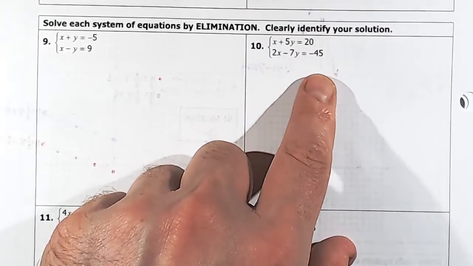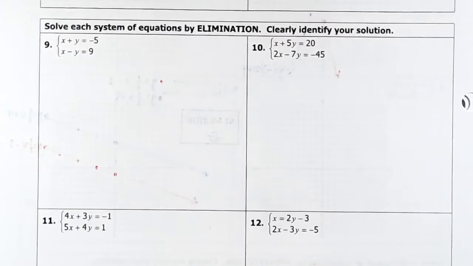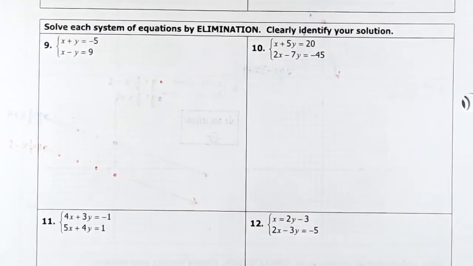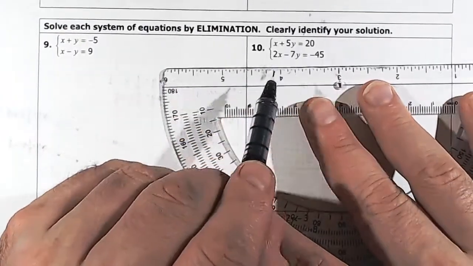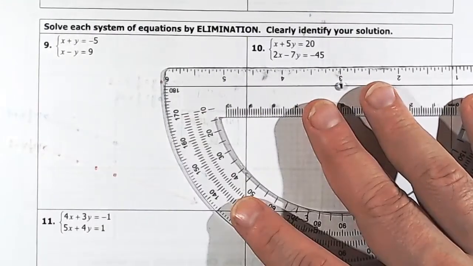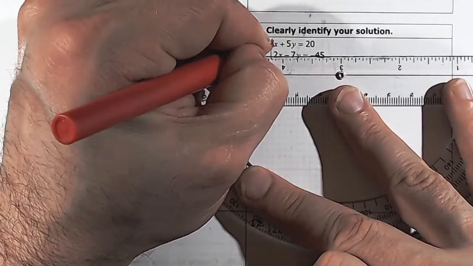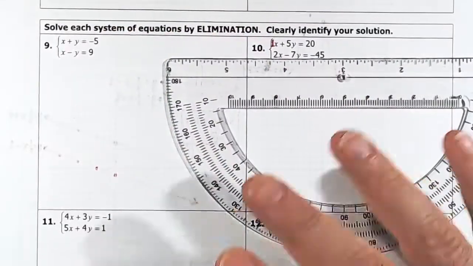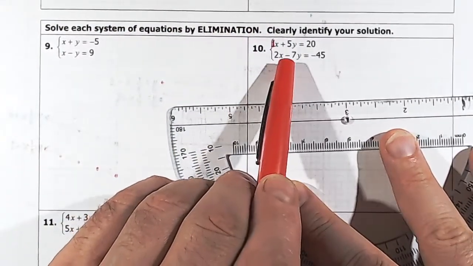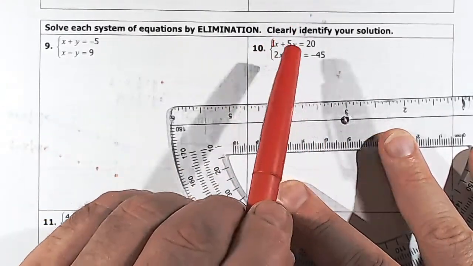Here in number 10, this is one that would be good to work because we have to multiply the top equation by something. Let me demonstrate that. You would need to look at this. There are no common coefficients. The coefficient in front of the x here is 1, the coefficient in front of the x here is 2. The coefficient in front of the y here is 5, and in front of the y here is -7.